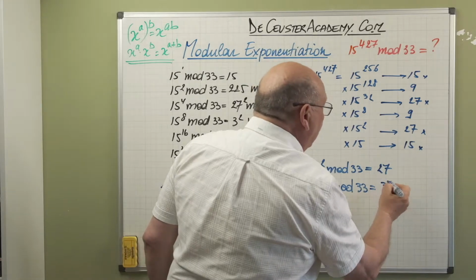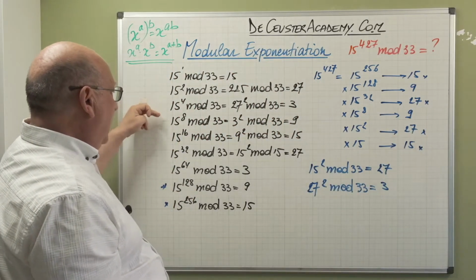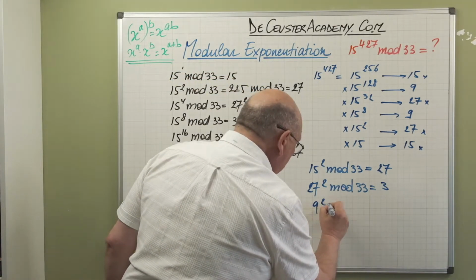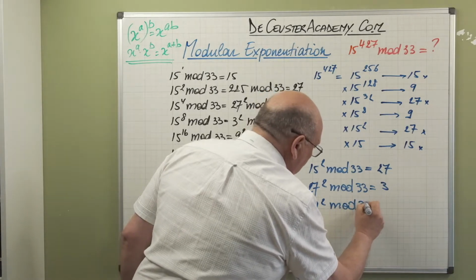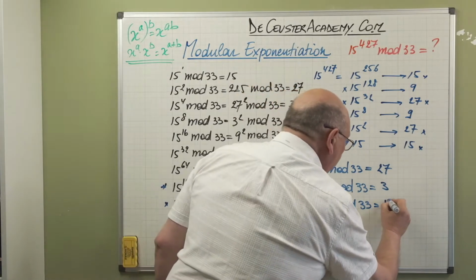That's equal to 3. And then I have 9 to the square. 9 to the square modulus 33, we find 9 to the square is 15.